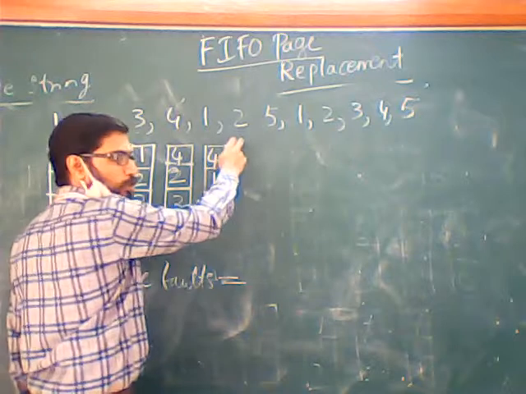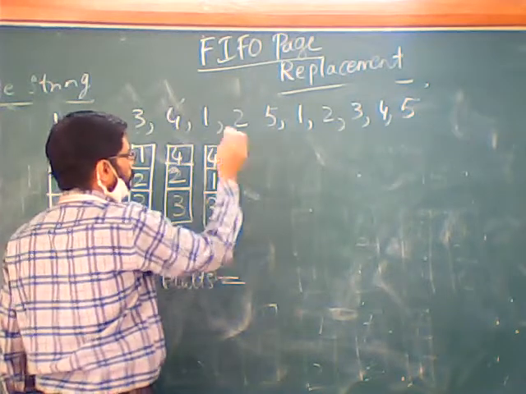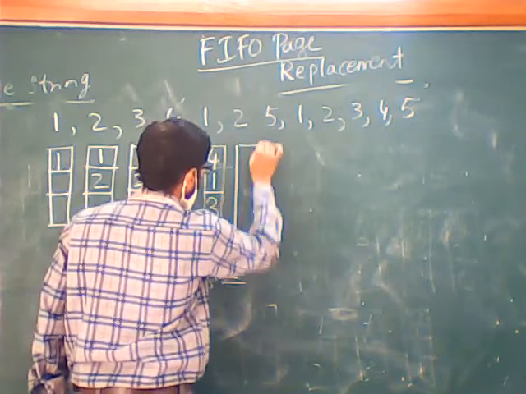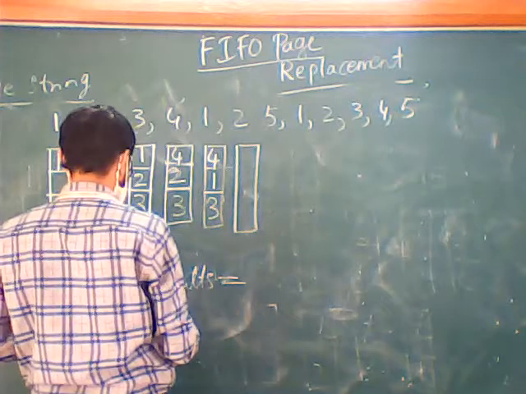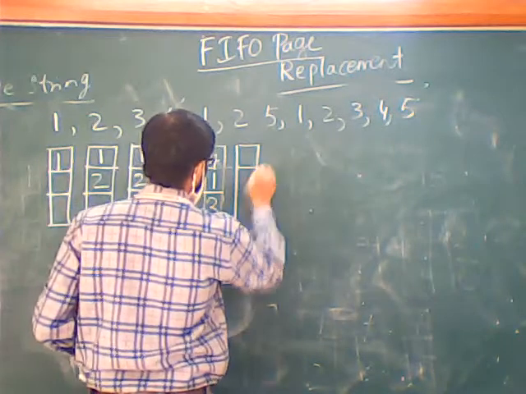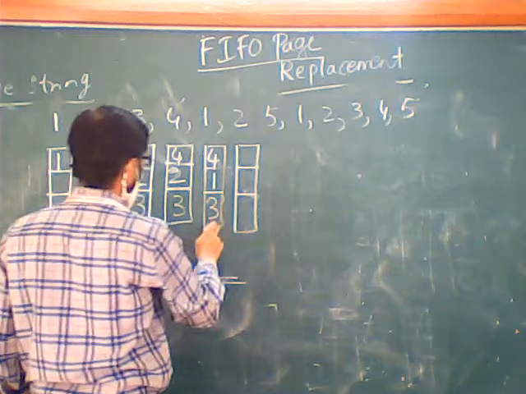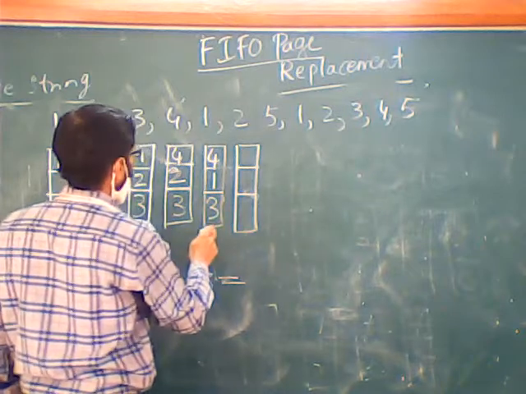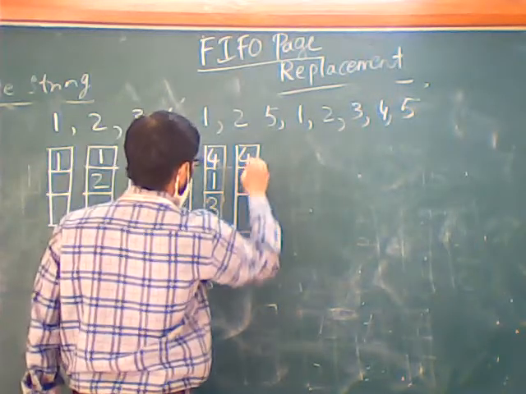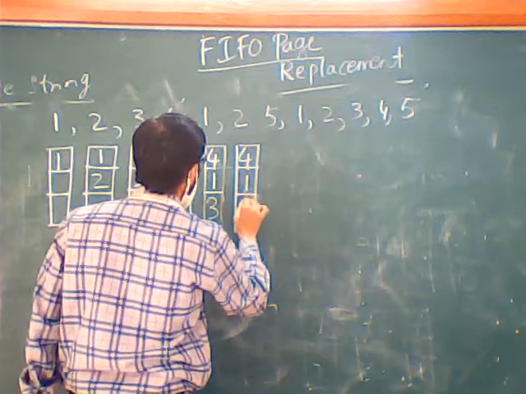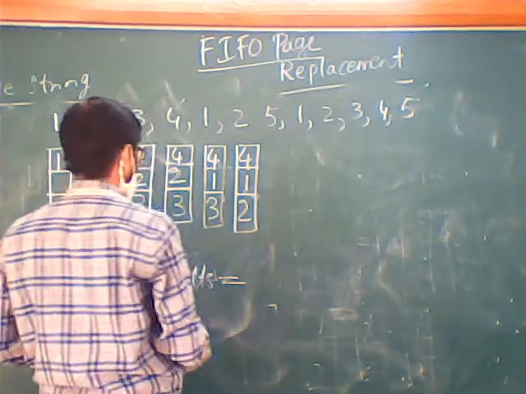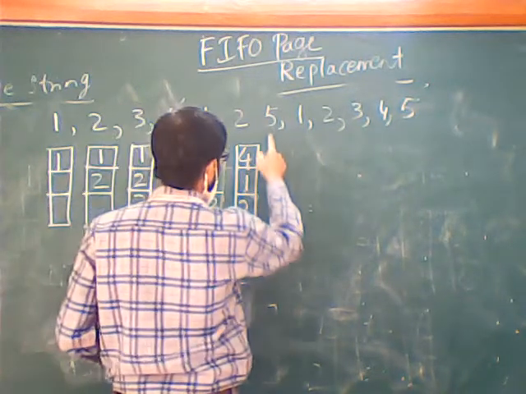Next, is 2 over there? No, so we need to replace. Out of 4, 1, 3, which is at first? We need to replace 3. So 4 will be as it is, then 1, and then it will be 2. Next, is 5 available?